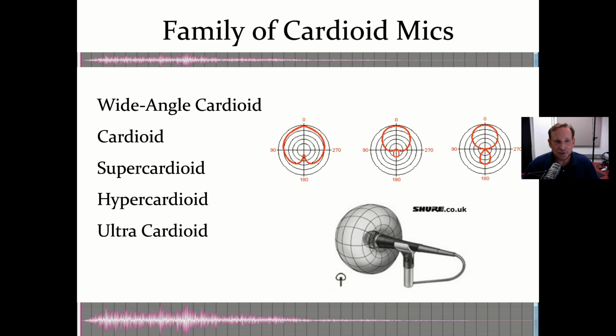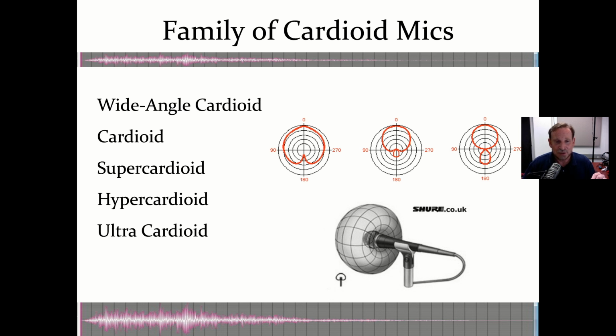But when we get to that supercardioid, we're getting a little bit of pickup there. When we get to the hypercardioid, we're getting even more. So as I said, as we narrow that pickup pattern, we have to be very conscious of what's happening behind the mic because we're picking up more of that sound behind the mic.